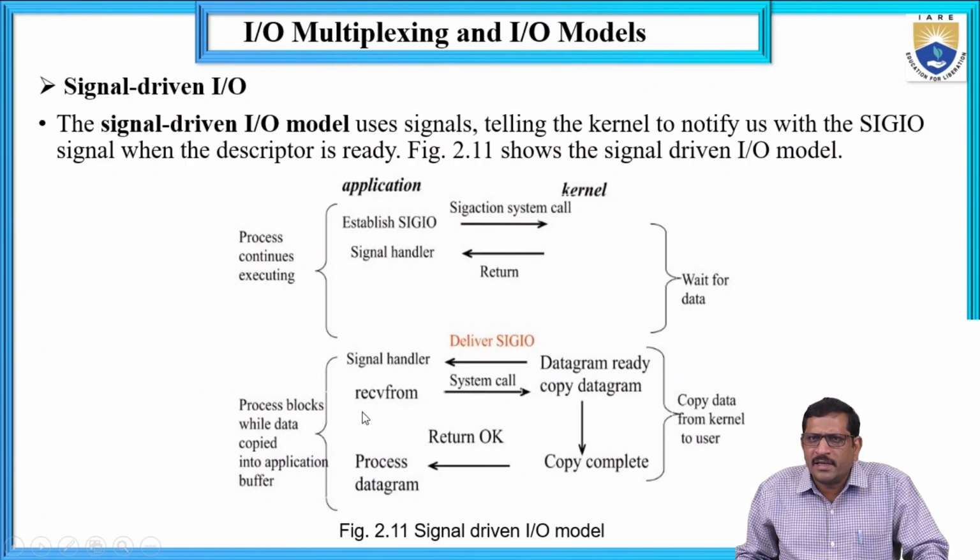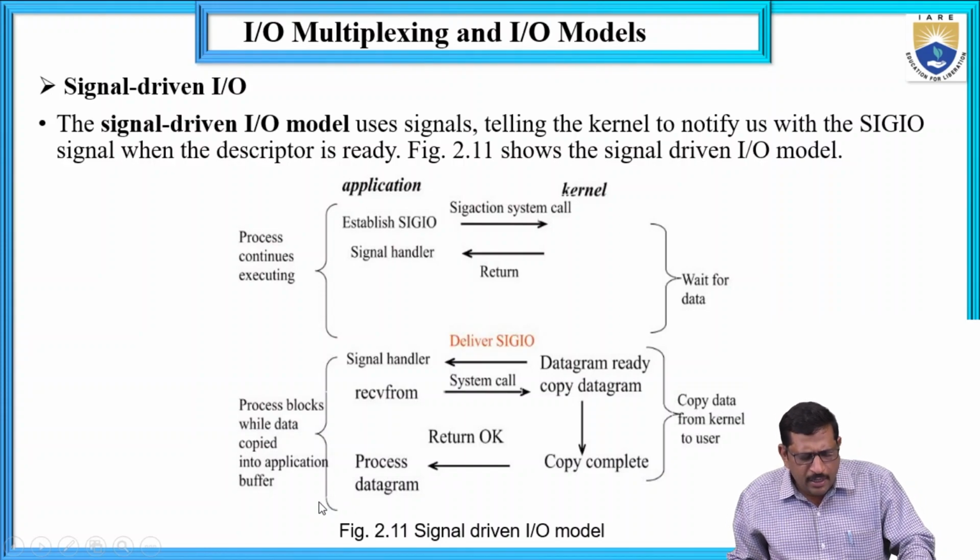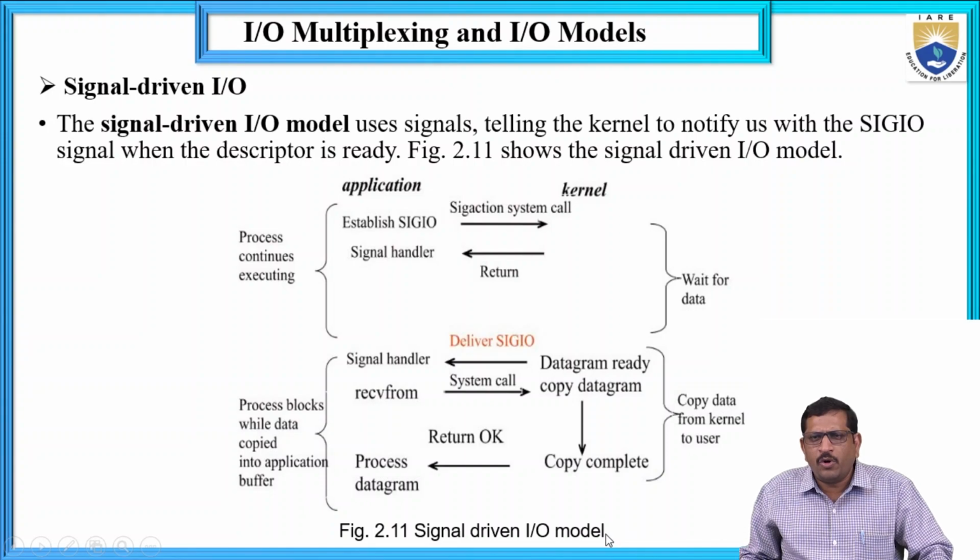Then the data is copied from the kernel to the user, and it returns OK for further processing of the data. The process blocks while the data is copied into the application buffer. This is the signal driven input output model.